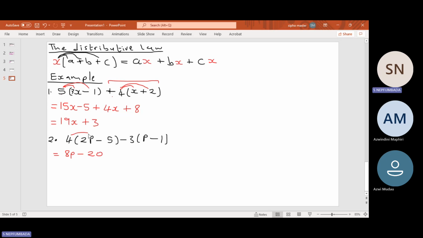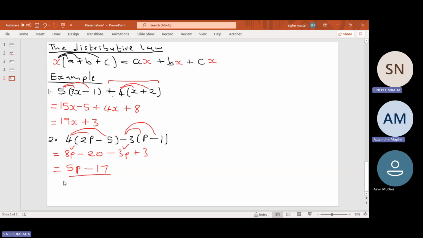So this 4 multiplies that, and this 4 multiplies that. Then minus 3 times p is minus 3p, and minus 3 times minus 1 is positive 3. Then we have 8p minus 3p, and those two are the like terms. So we get 5p. Then minus 20 plus 3, which gives negative 17.